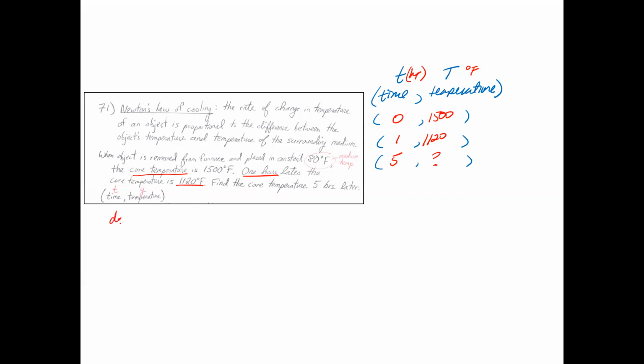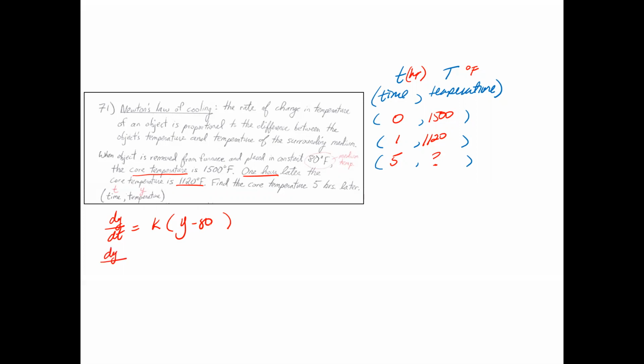So it's very similar to examples 1 and 2 that we went over from the textbook. Looking at this, your dy over dt is equal to k times, when the object is removed from the furnace and placed in a constant 80 degrees, that's going to be your y minus 80. Let's go ahead and separate the dy over dt.